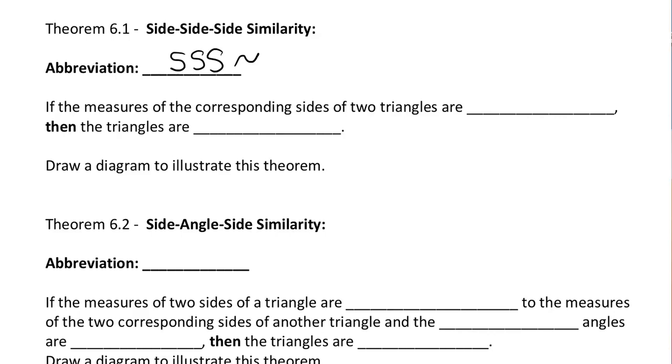But not all similar triangles are congruent. If the measures of the corresponding sides of the two triangles are proportional, not congruent, but proportional, then the triangles are similar.